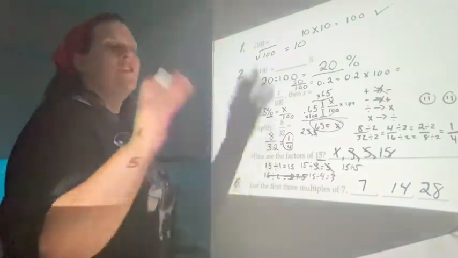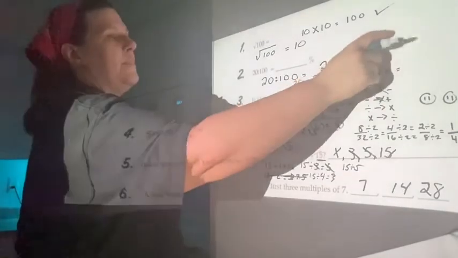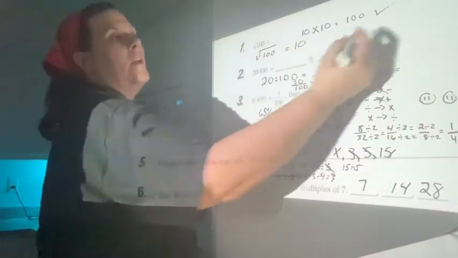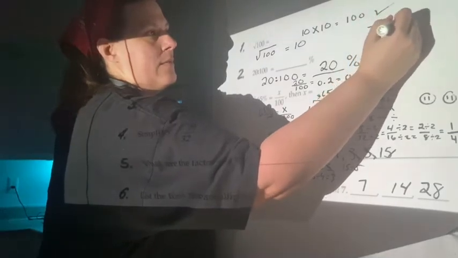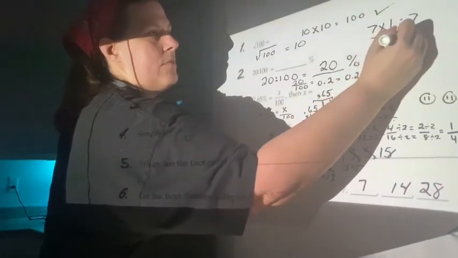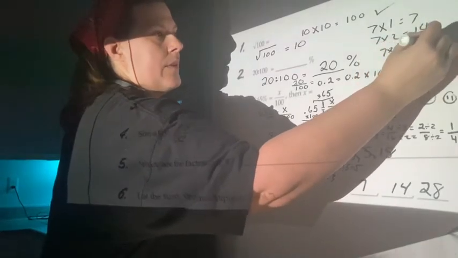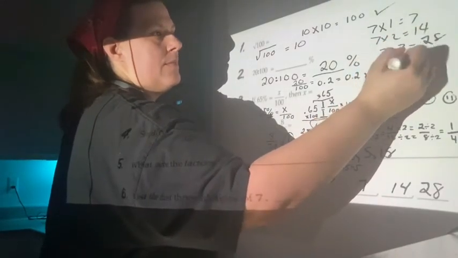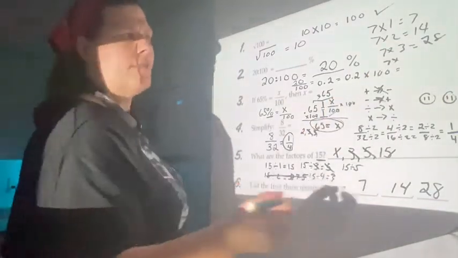Thank you. So since we're talking about multiples of 7, if you're looking for it in your brain, I'm going to do it up here real quick because I've run out of room. The multiples of 7 are your 7 multiplication table. 7 times 1, 7. 7 times 2, 14. 7 times 3, 28. 7 times 4, whoa, I'm off. I'm very off. Sorry.